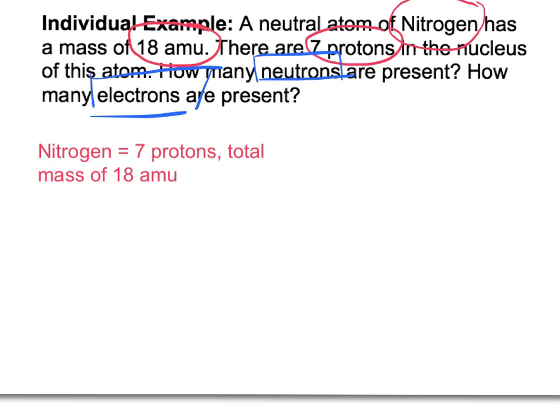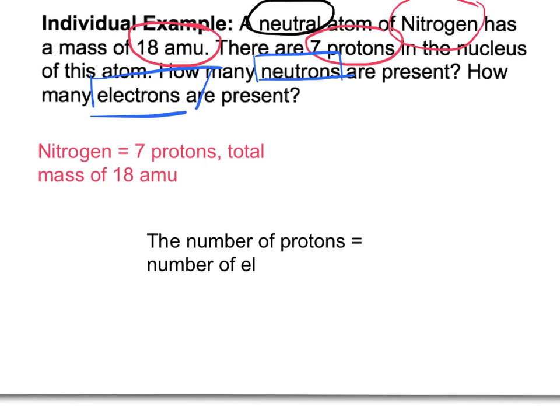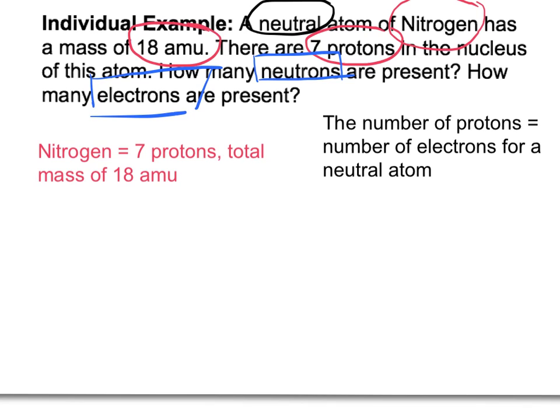If this is a neutral atom, which it is, we can check right here, neutral atom, we know that the number of protons equals the number of electrons for a neutral atom. That's important.